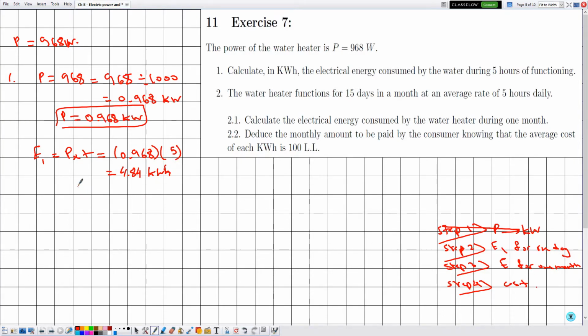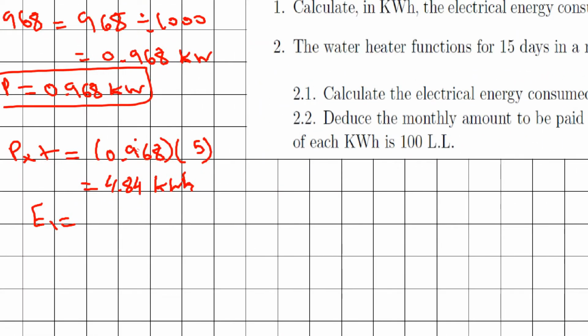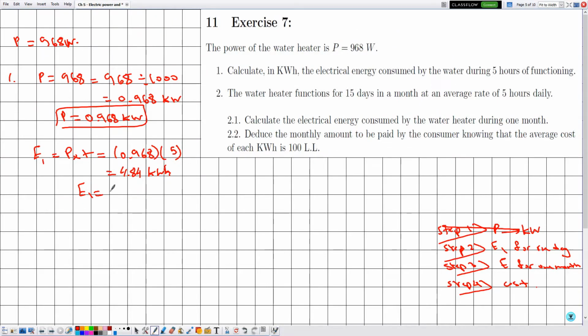So why kilowatt hours? Because simply P is expressed in kilowatts and T is in hours. So 4.84 kilowatt hours. Okay, now we are done with steps 1 and 2.